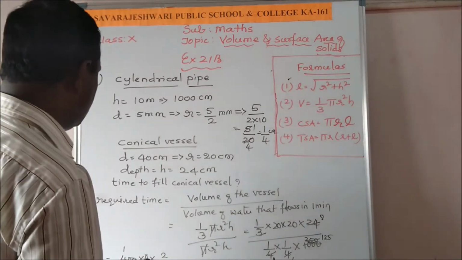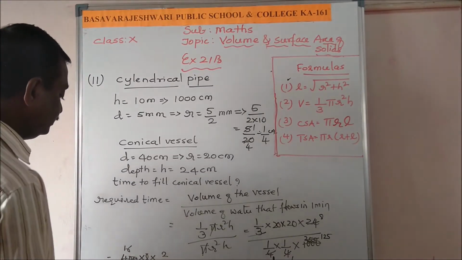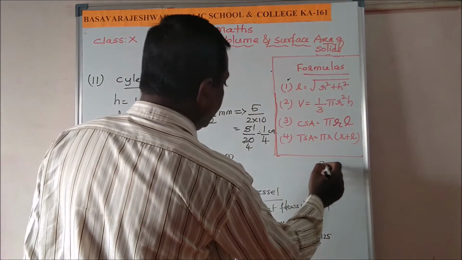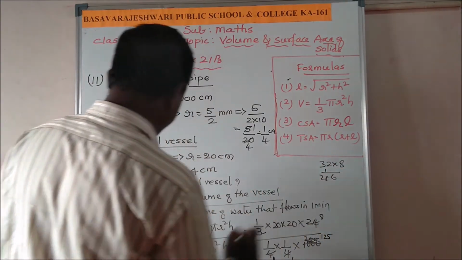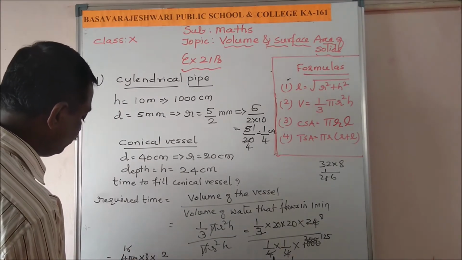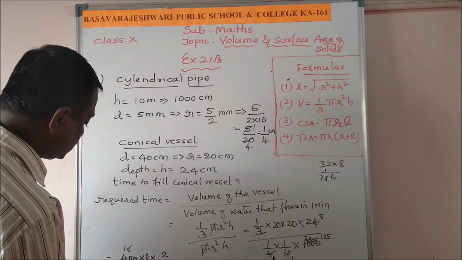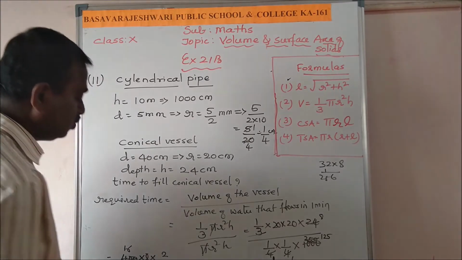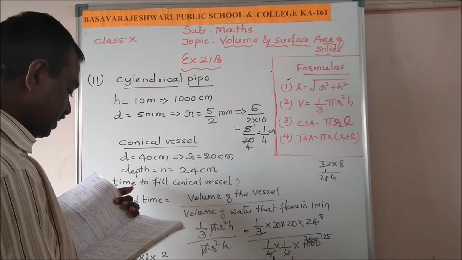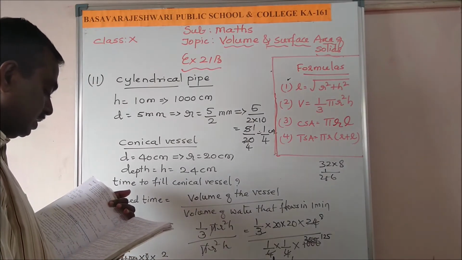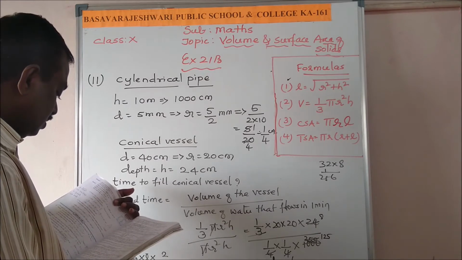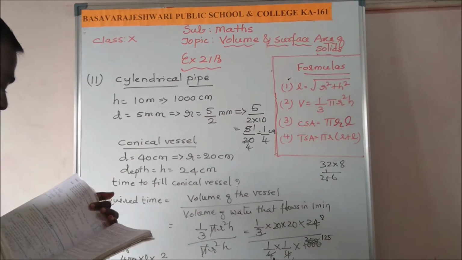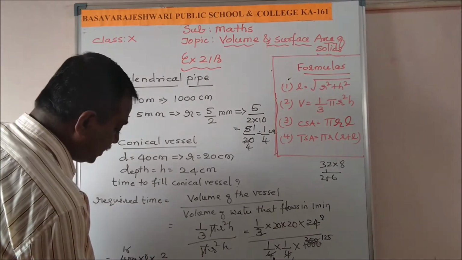Now 32 into 8, that is 256, divided by 5, which gives 51.2. So that is 51.2 minutes we can say.